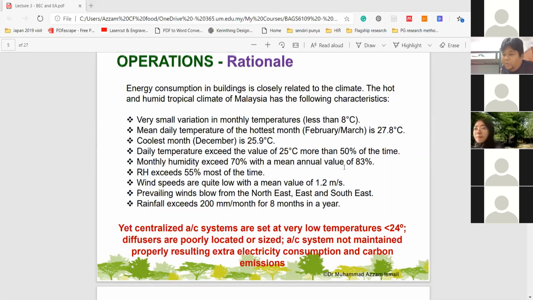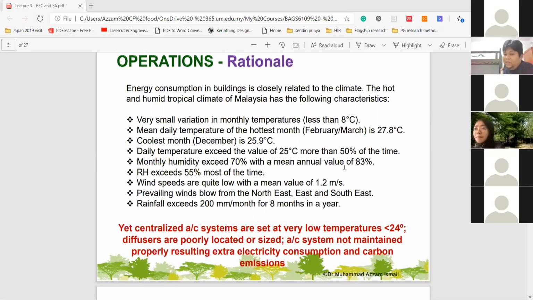Whereas if you go to the Middle East or somewhere in the middle of Australia, you get daily temperature differences of about 20 degrees or more, right? During the day, it can go up to 50 degrees centigrade. At night, it goes down to 0 or even minus something. So the temperature difference is great in comparison to where we are.